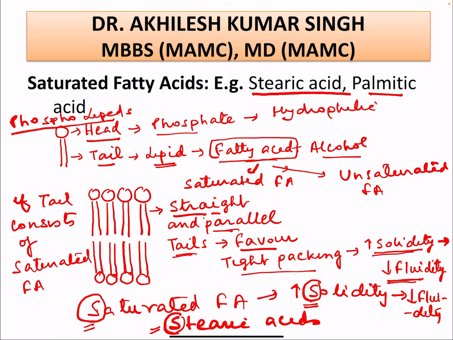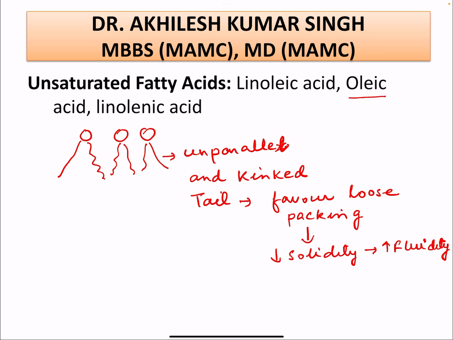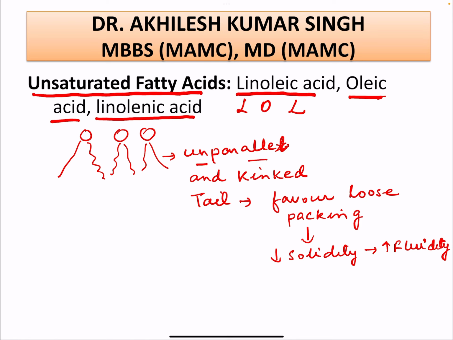But if the lipid tail consists of unsaturated fatty acids, examples are linoleic acid, oleic acid, and linolenic acid. You can remember the mnemonic LOL, LOL. When they are present in the lipid tail, the lipid tail will be unparallel, and there will be bending in the lipid tail.